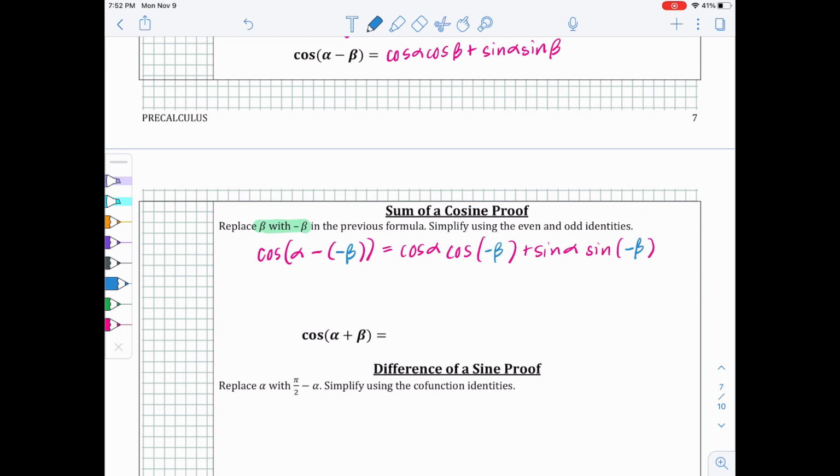In cleaning this up, the cosine of alpha minus negative beta would clean up to be the cosine of alpha plus beta, which is what we want to see happen.